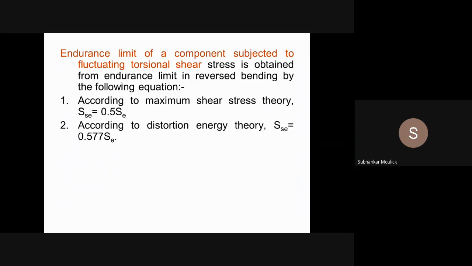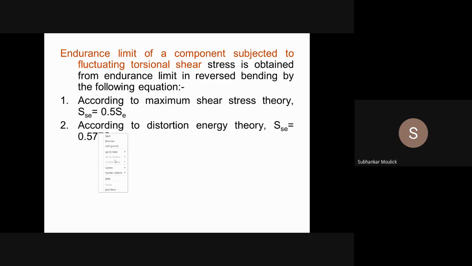Similarly, when we are designing a component for fatigue using the maximum shear stress theory of failure, then SSE, the endurance strength in shear, is equal to 0.5 times Se. And what is Se? Se is nothing but what we have calculated just now, Ka into Kb into Kc into Kd into Se dash.